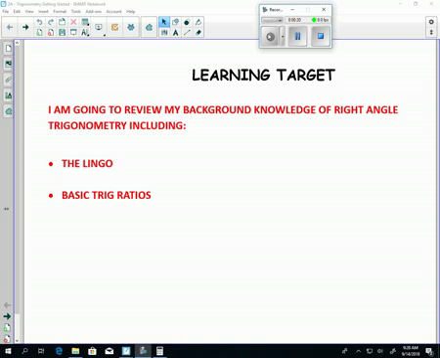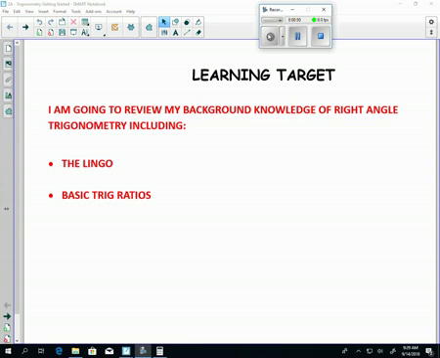Today we're going to start looking at trigonometry again. I've already introduced this in prior years, so what we're going to do is review your background knowledge of the right angle trig rules, some of the lingo, the words, the names that we use for the functions in trigonometry, the basic trig ratios.